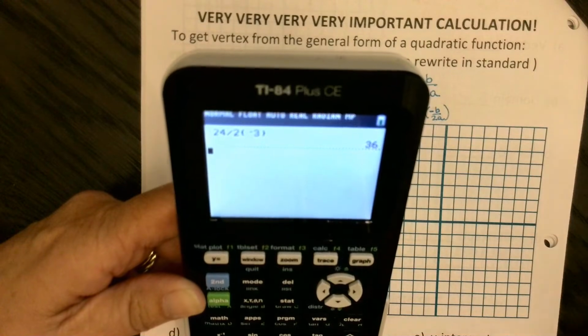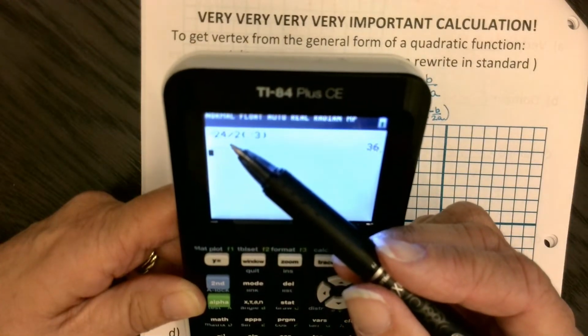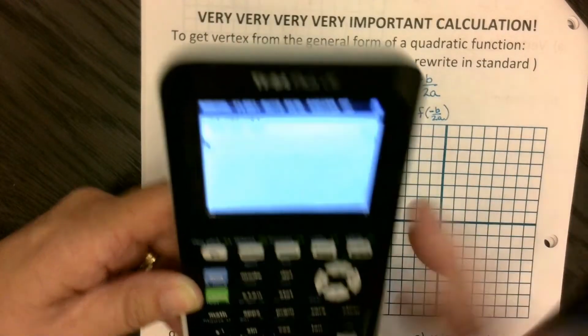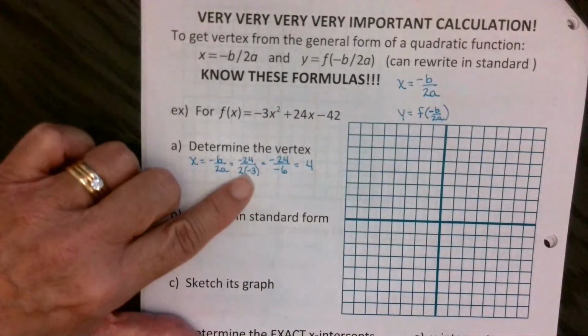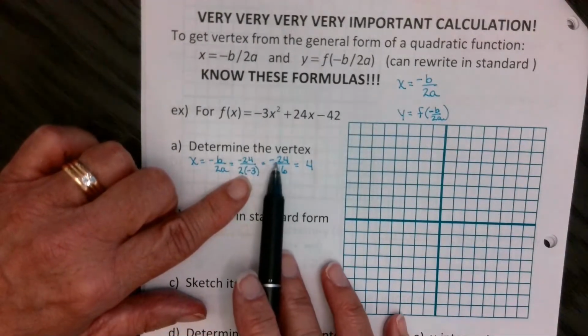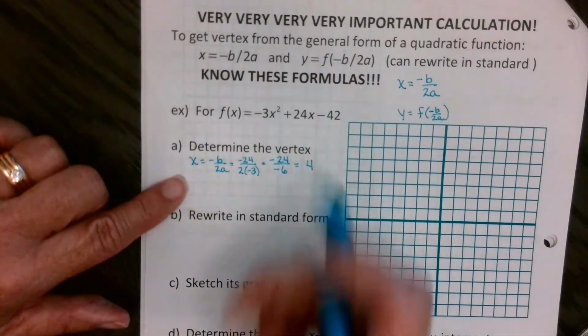Because what you're telling the calculator to do is take -24, divide it by 2, which gives us -12, then multiply that by -3. Here you have to simplify the bottom. We're really taking -24 divided by -6. So that's my x of my vertex.